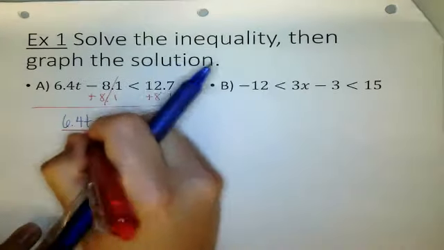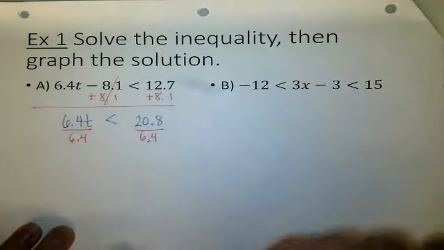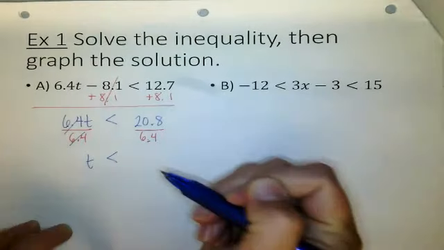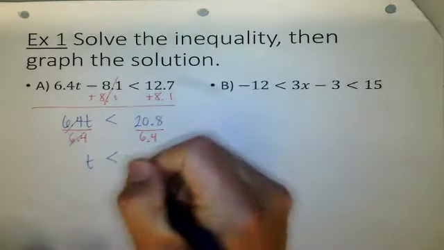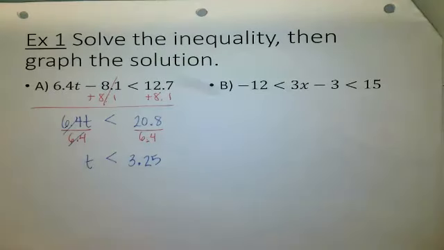Divide by 6.4 on both sides. 6.4 divided by 6.4 reduces to a 1, and 20.8 divided by 6.4 is math I don't do in my brain. My calculator says 3.25, which is good enough for government work.